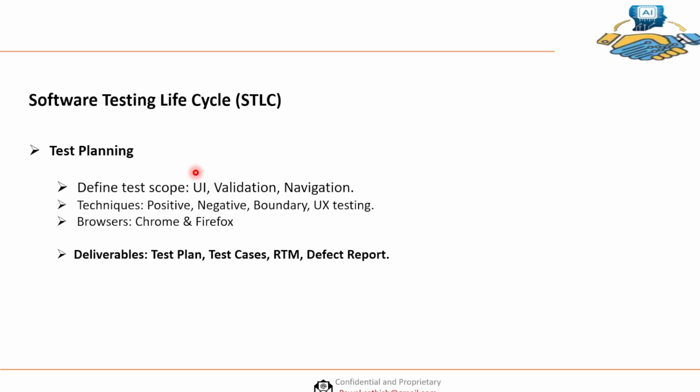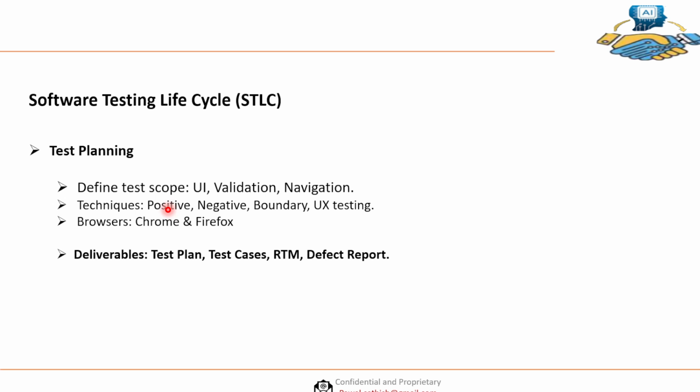Next is test planning. So we also need to do the test planning. Test planning is nothing but understanding the scope as part of our story. As part of our login feature, we need to understand the UI things, validation, and the navigation that should happen. We also need to consider the different techniques.